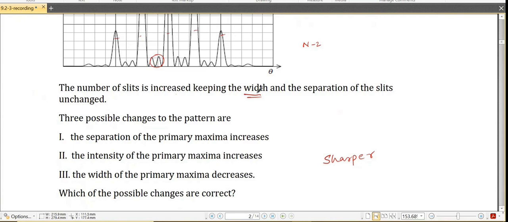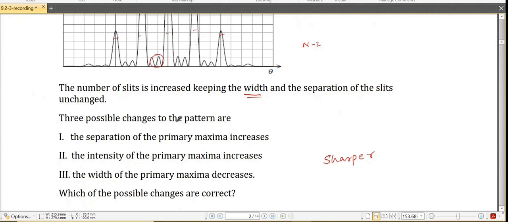Because the slit width is staying the same and the separation of the slits is not changing, the position of the primary maxima will also not change. Just by increasing the number of slits, you cannot change the position of the primary maxima.